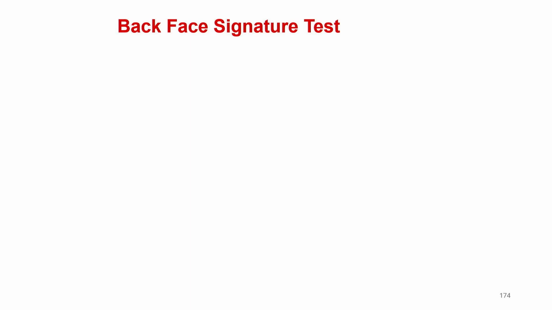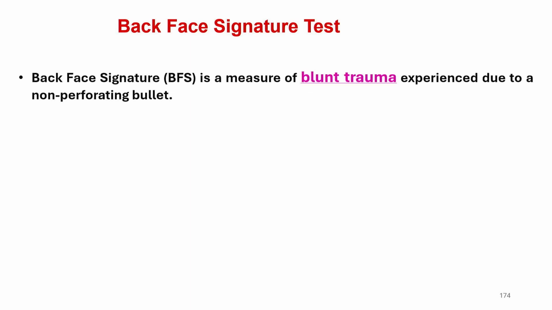Next is the backface signature test, which we have already discussed in detail. Backface signature is measured by the backing clay, and it is a measure of the blunt trauma experienced due to the non-perforating bullet.